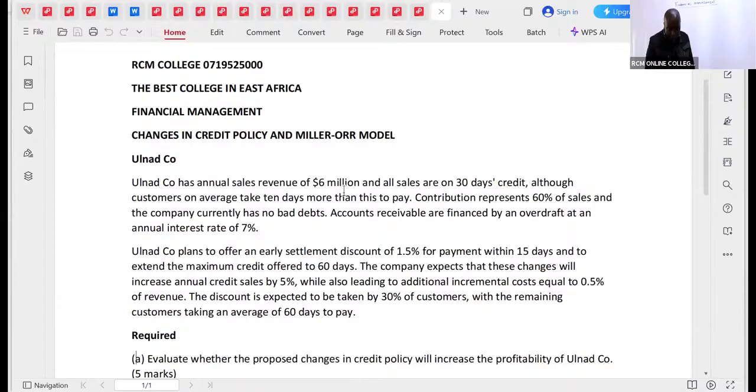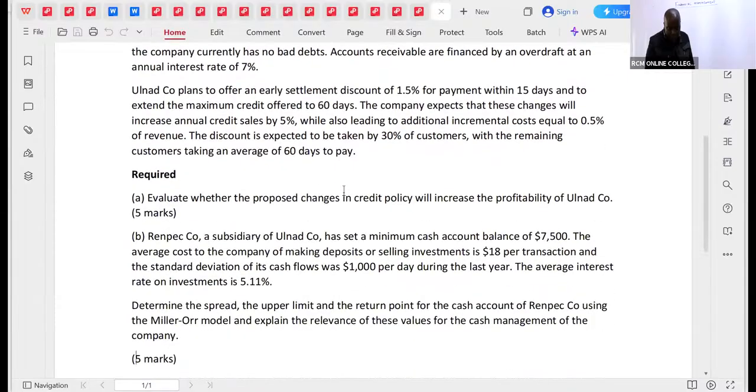The MILLER-ORR model is in part B of this question I'm sharing here. For 5 marks, part B, they're telling us RENPEC company, a subsidiary of Ulnad company, has set a minimum cash balance of 7,500.